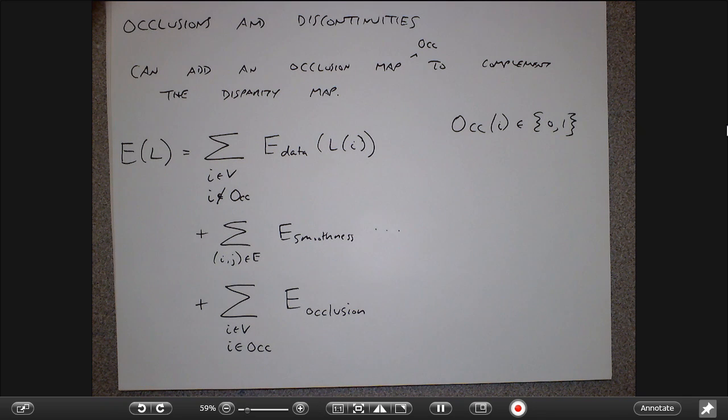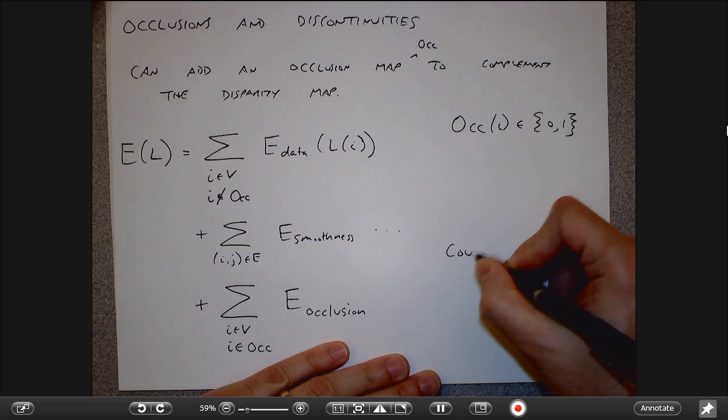This prevents you from saying that if all the pixels were occluded, I wouldn't have to estimate any data terms at all, and my cost function would be really low. So you have to crank this term up to make sure it really hurts to occlude a pixel, and you only do it if you actually can't estimate the disparity for it. This is a pretty easy little innovation, and again, pretty easy to incorporate into belief propagation.